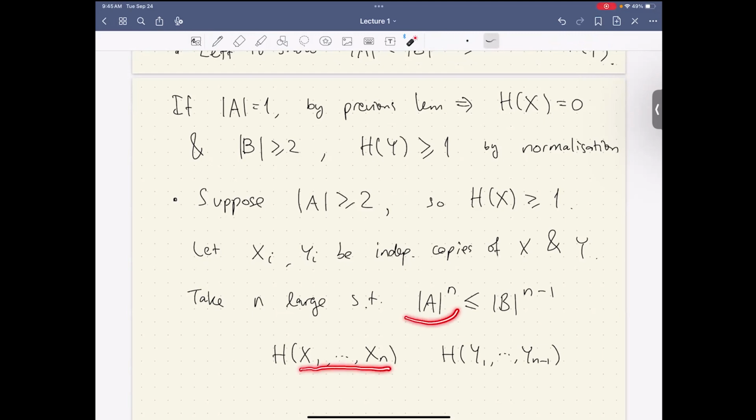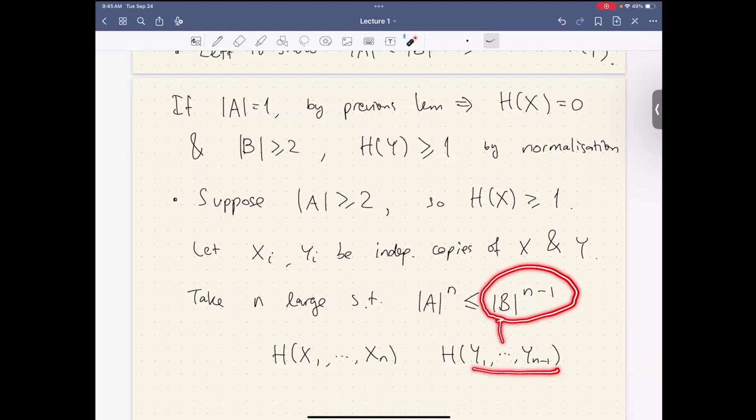It's distributed uniformly over a set of size A to the n, because each Xi is uniform over a set of size A. And this is a random variable distributed uniformly over a set of size B to the n minus 1.